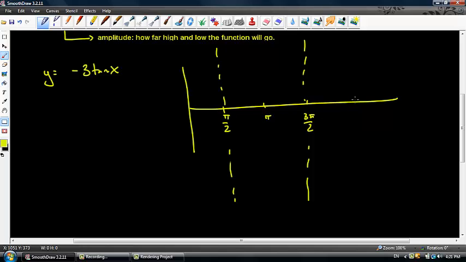And we've got pi in the middle and 2 pi. So tangent is upside down. So it used to arc up, and now it's going to arc down and be a little skinnier because of the 3. So tangent, when it's reciprocated like this, when it's flipped upside down, looks a lot like cotangent.